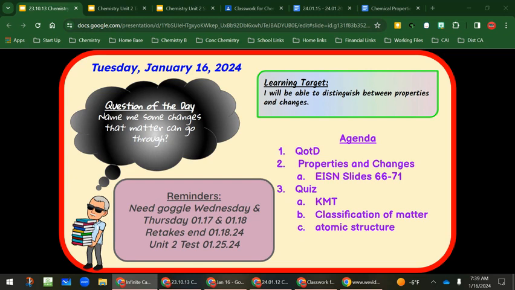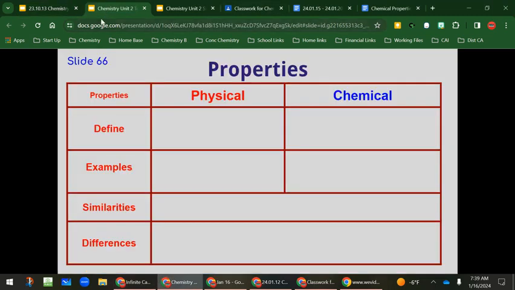That is a property, ladies and gentlemen. So if we're distinguishing between properties and changes, changes are things that are actually happening, that are occurring. Properties are things that can happen if the conditions are right.